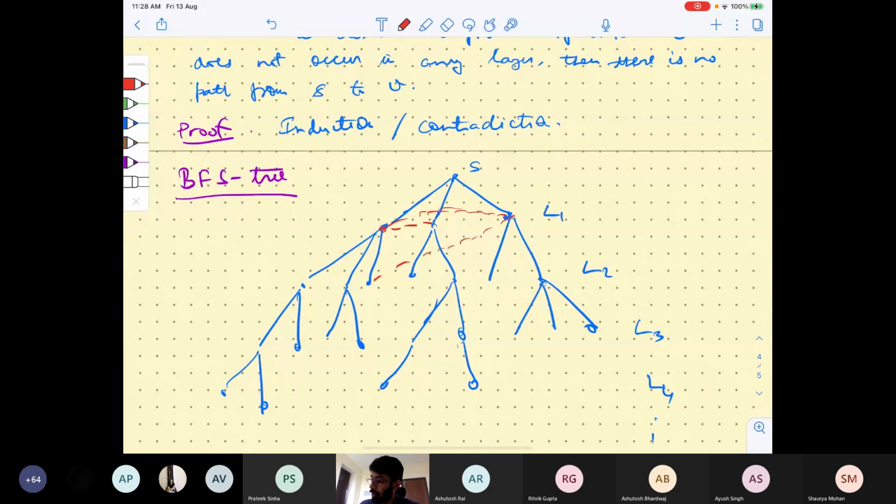But this one got discovered first, right? Because this is at distance 1 from there, we won't add that vertex again with this vertex, because we want a tree. We keep adding edges one by one so that they are not going to form a cycle. So we add edges only if the vertex is not previously discovered. That's how we get the tree.